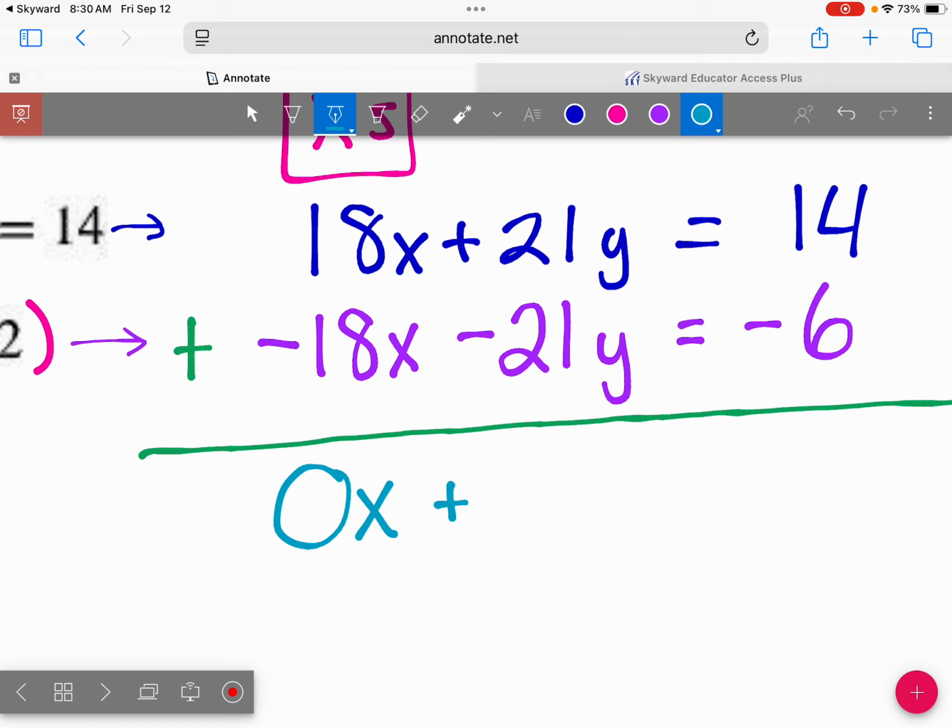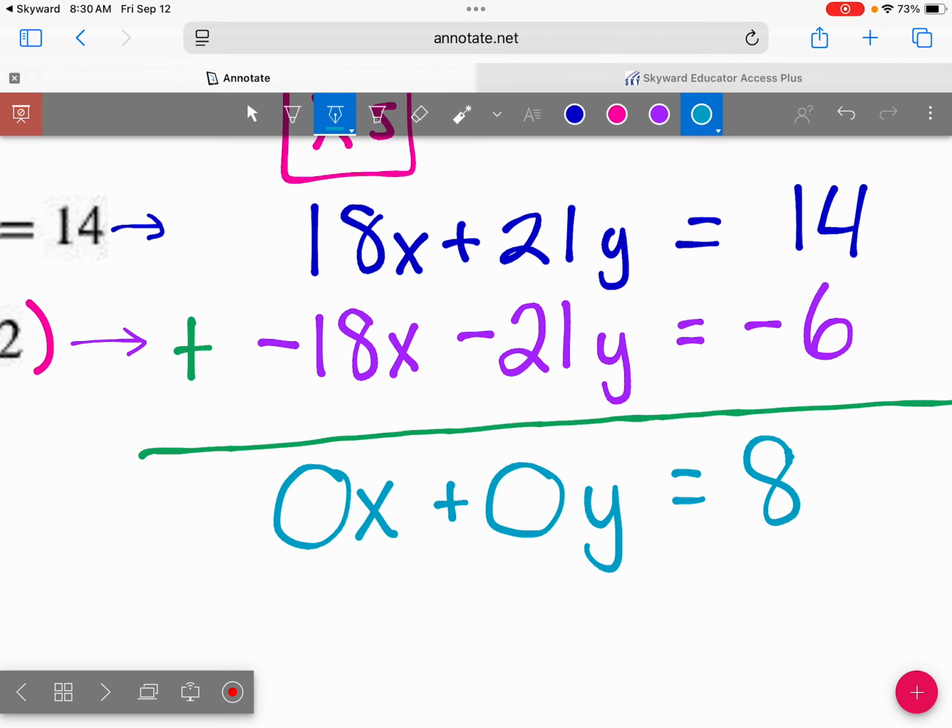What do we get when we add our y's together? Oh, 0 y's. That was not intentional. Not mad at it, but we can have it. And then how about our 14 plus -6? 8. So what are we left with on this left-hand side?